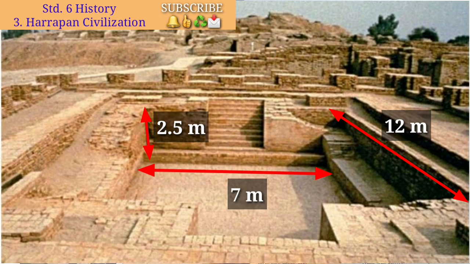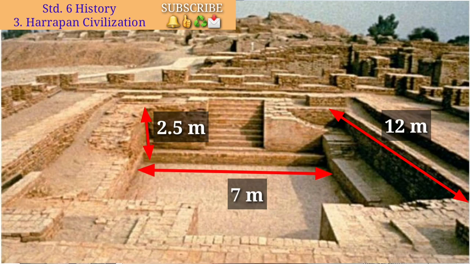In the picture you can see how big it is. So it is called a great bath, and it was lined with baked bricks to prevent seepage of the water. See students, here we see that it is lined or covered with the baked bricks. Here we can see bricks are there, and it is covered with the baked bricks.